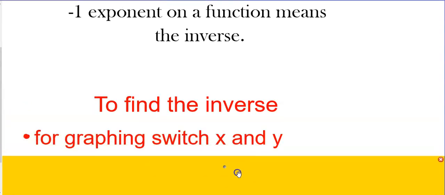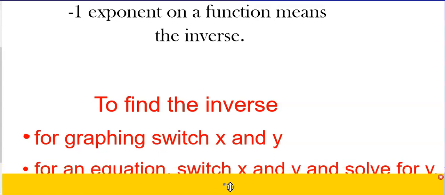To find the inverse for graphing, we make a table and switch our x and y's. We graph the original function using the table, then switch x and y from those tables to create the actual inverse function. It's so simple, so easy.